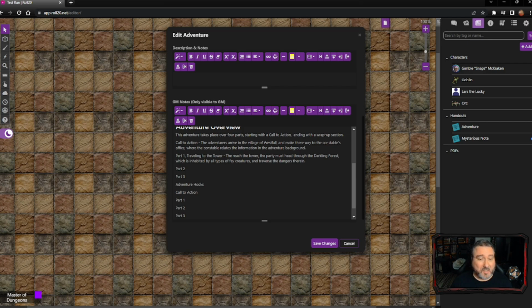You can extend that call to action out a little bit, or extend the first part, traveling to the tower, the characters maybe finding the local smithy or the local general store or something like that, to where they can purchase a few things now that they know what the adventure entails, what they're doing, where they're going, allowing them to do a little preparation, role playing, getting to know the village. Perhaps you want to set the village of Westfall as a home base for the characters.